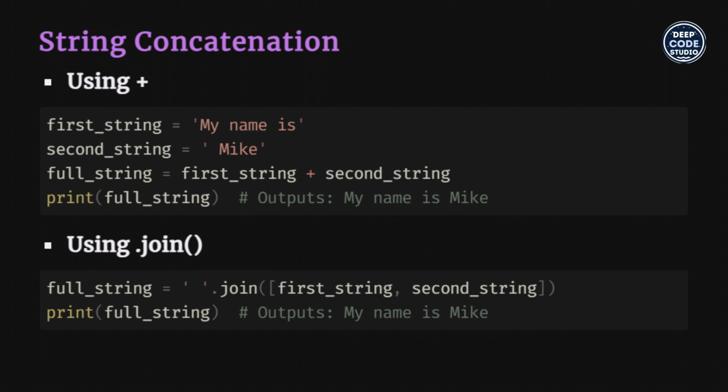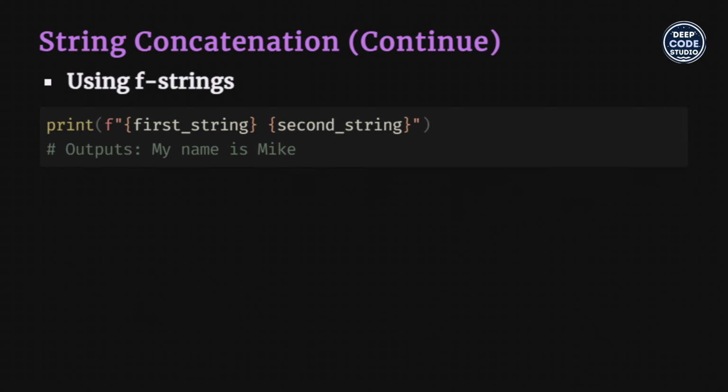Here I am saying the first string is "my name is", the second string is "Mike", and then you can see that I am first specifying a space inside these single quotes, and then I specify the join method, and then a list is starting, and here I am specifying all those variables which I want to join together. Its output will be "my name is" and then a space and then "Mike". Instead of a space, I can also specify any other character or any other string inside these quotes, so my strings will be joined using those characters.